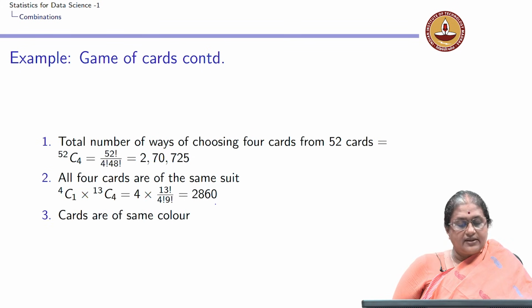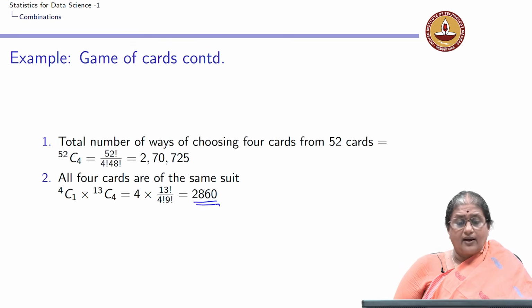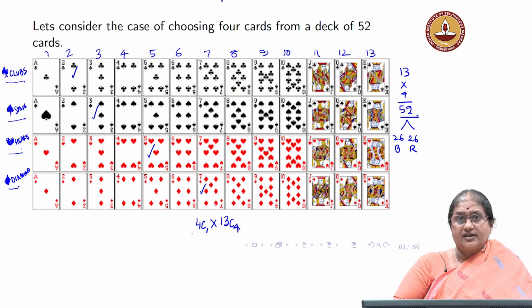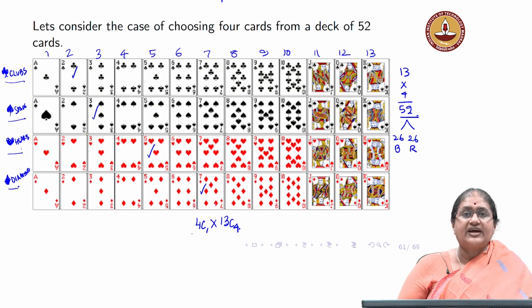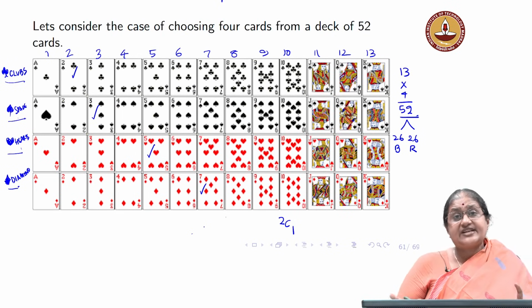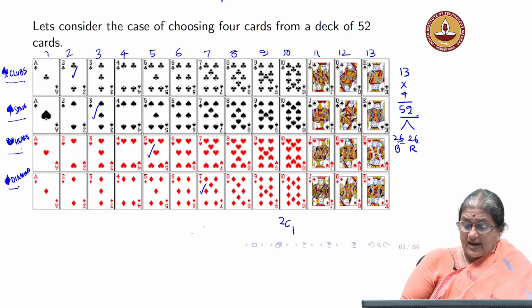Now, let us go to another problem. I am asking how do you choose cards of the same color? Again, go back. How many colors do we have? You can see that we have 2 colors. How many ways can I choose one color from 2 colors? That is 2 choose 1. Now, within each color I have 26 cards, as we have seen, and I need to choose 4 from them.